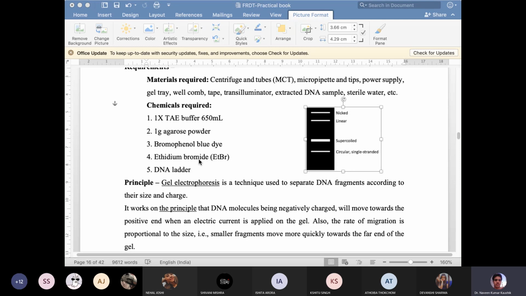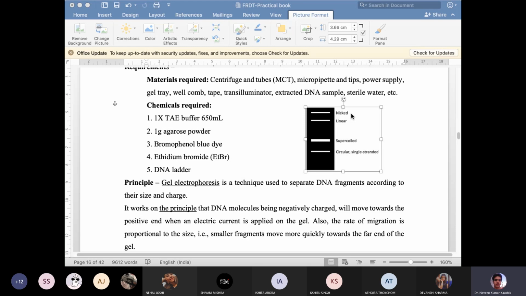So why are they going to migrate differently? The first thing is the nicked one. When we say the term nicked, what do you mean by the nick? Whenever nick is mentioned, it simply means you should understand it is a circular one. So you should correct it. Here is the nicked and circular. How is it going to migrate?